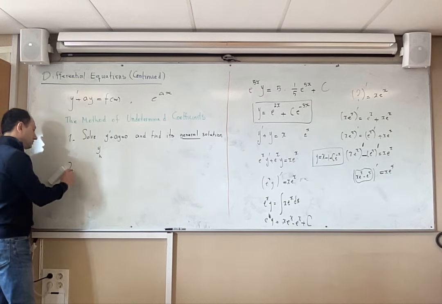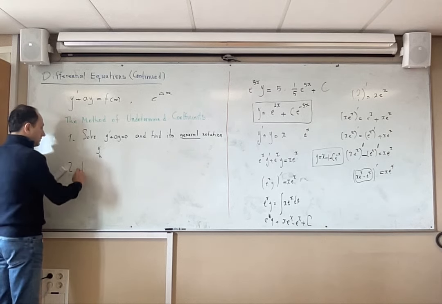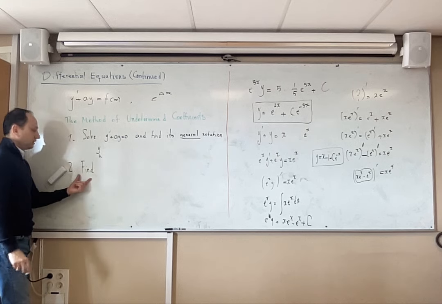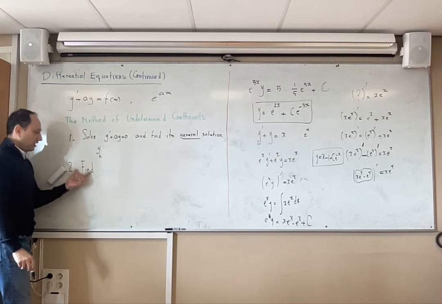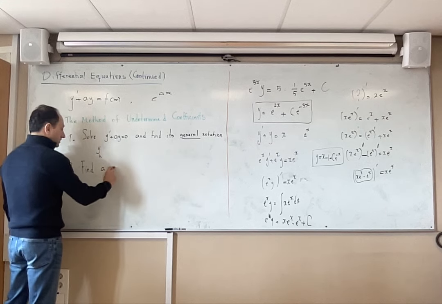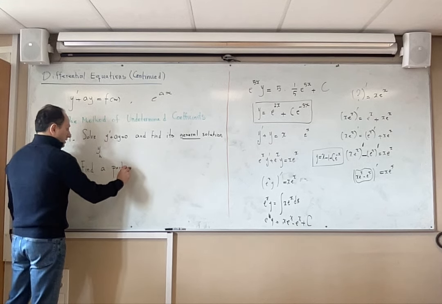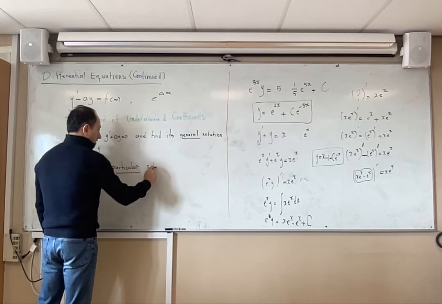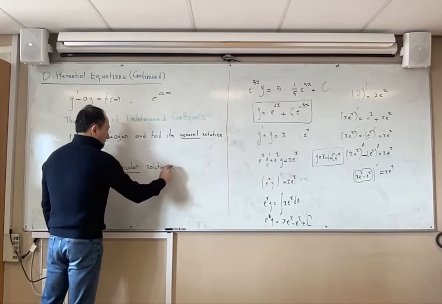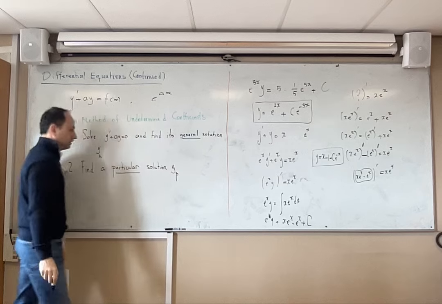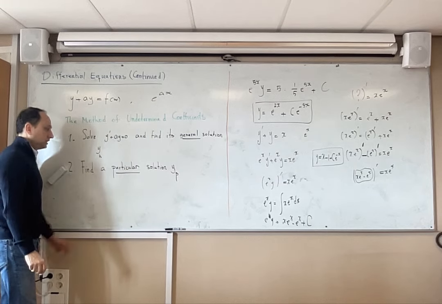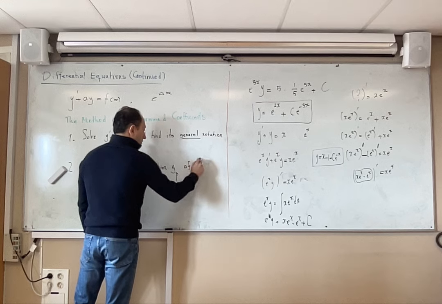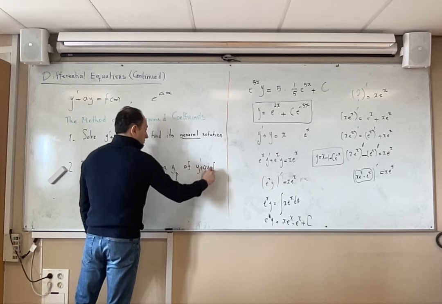Number 2, find, and by find I mean you are also allowed to guess, a particular solution, I call it y_p, p for particular, of y' + ay = f(x).